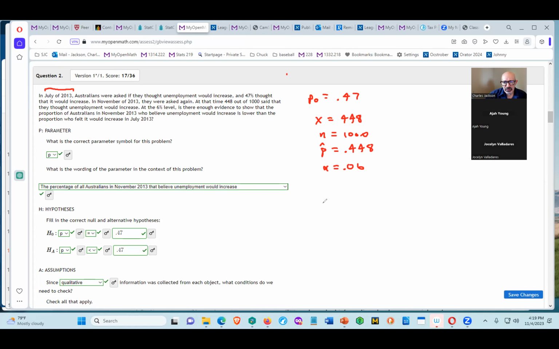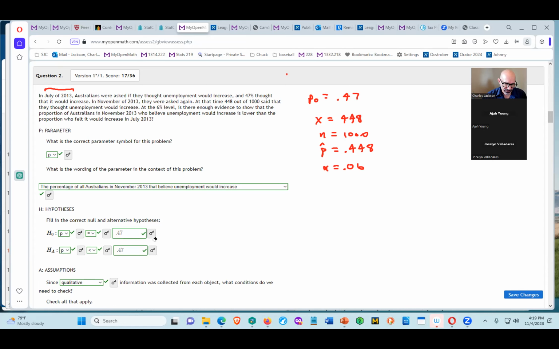So let's see, H null is that, and then H alternative is that. Assumptions.